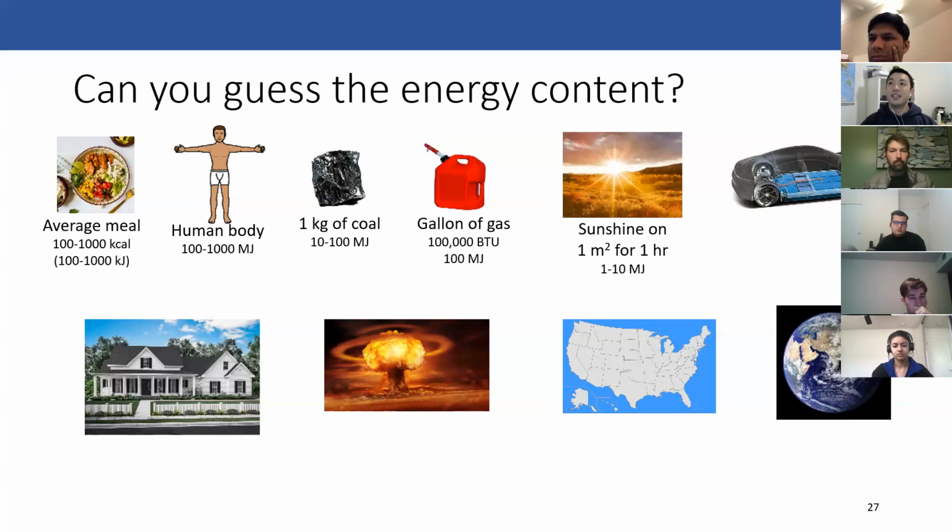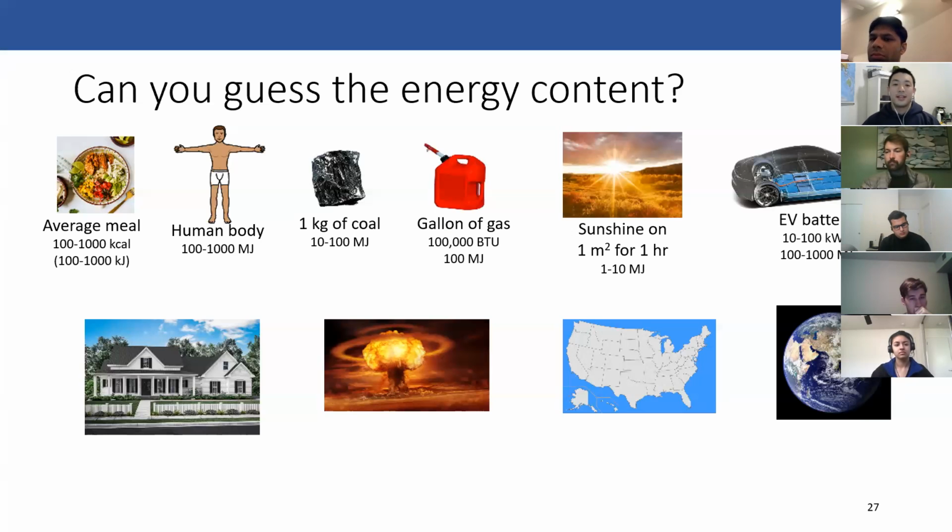This isn't to say anything about economics or the technology, other than that the energy density of solar is quite a bit lower than a lot of these fossil fuels.